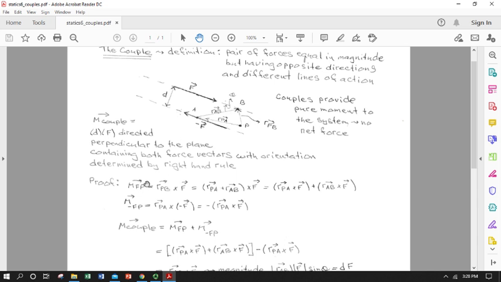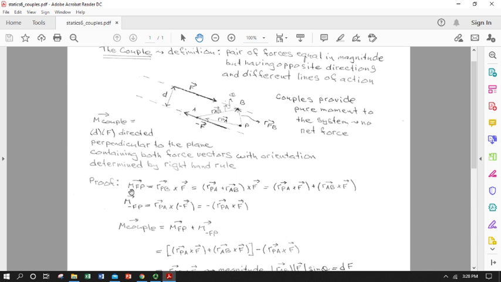Okay, so let's go ahead and calculate the moment of these two forces separately, and let's just pick some point P in space here. It's any point, right? We say the moment due to a couple should be independent of the point. So let's pick this point P, and let's extend the lines of action of the forces with these dotted lines, so we can draw some radius vectors.